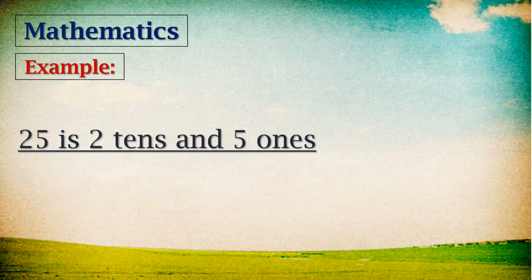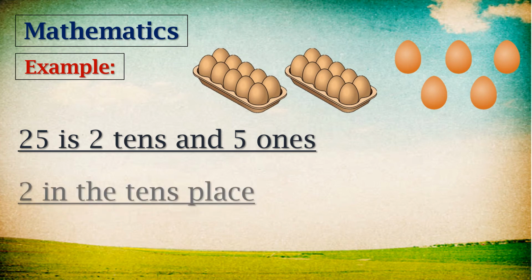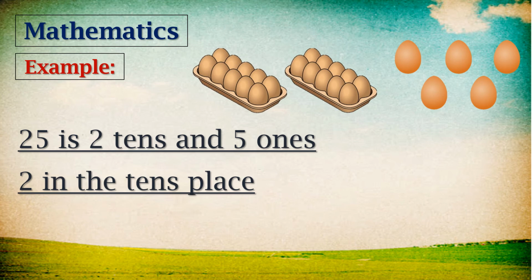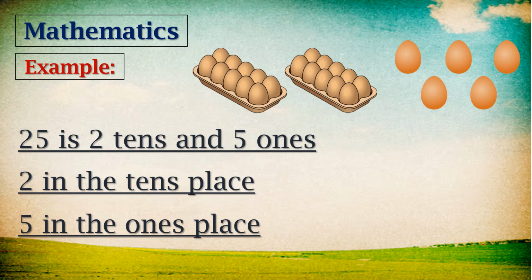So 2 is tens, 5 is ones. 2 tens, 1 ten, 2 tens, plus 5 ones. 1, 2, 3, 4, 5. You get it, kids? 2 tens and 5 ones. So 2 in the tens place, 10. 2 is 10, tens place. And 5 is in the ones place.